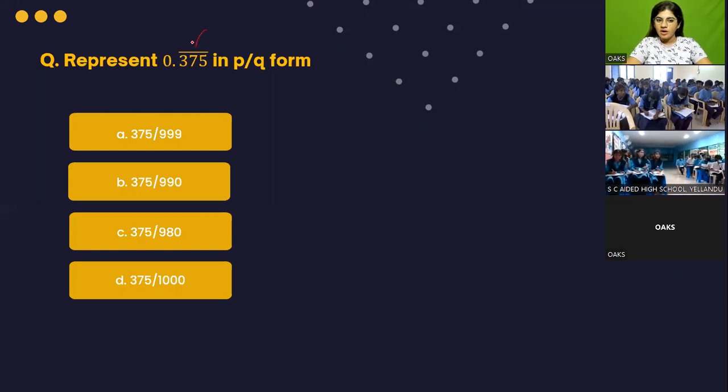So there is a bar on the top, 0.375 bar. What will be the answer? This is the concept from last class. Yes, who did the question?